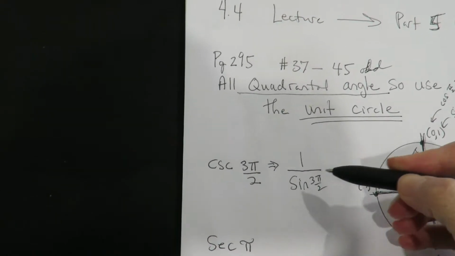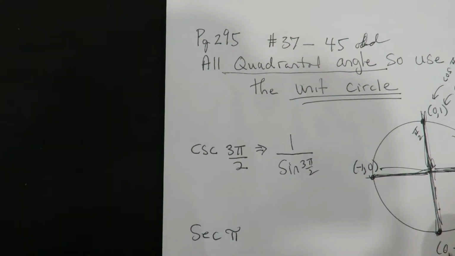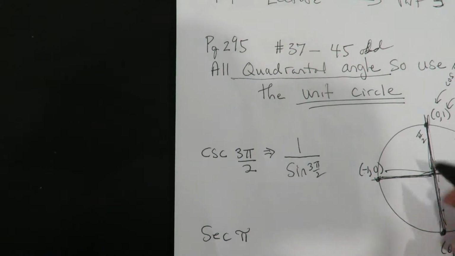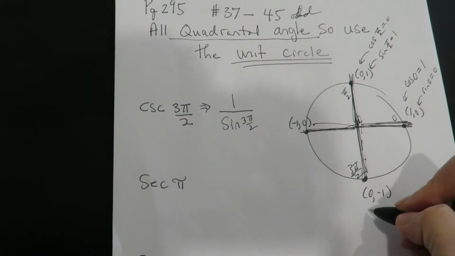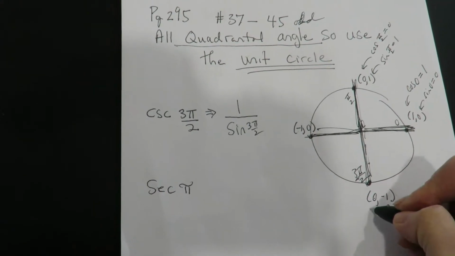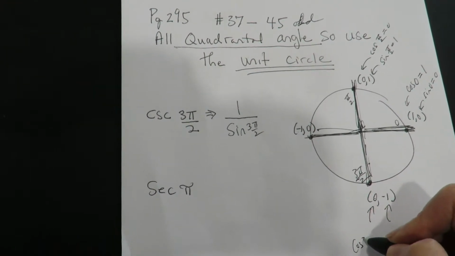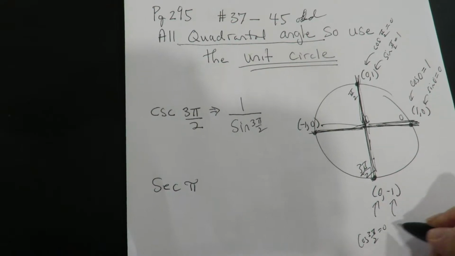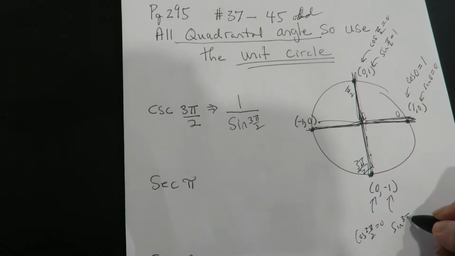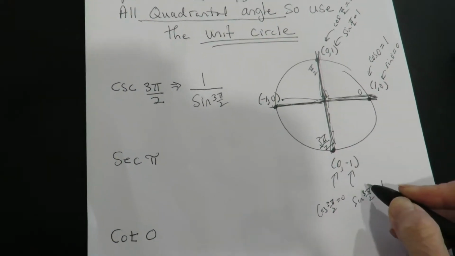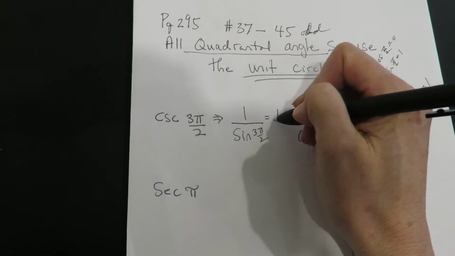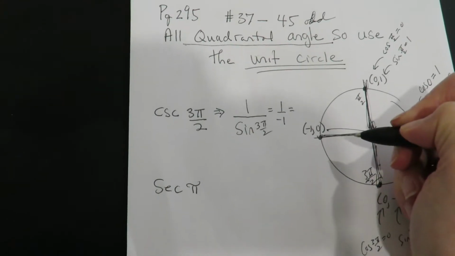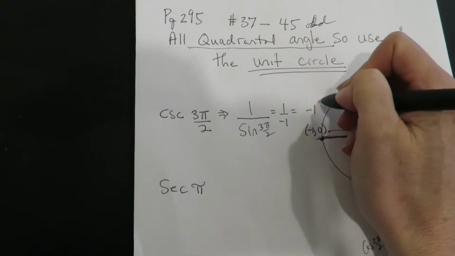Now that it's in terms of sine, I can use the unit circle. 3 pi over 2 falls right here. The sine at 3 pi over 2 is the second value; the first value is the cosine. So that means it's 1 over -1, which simplifies to -1.